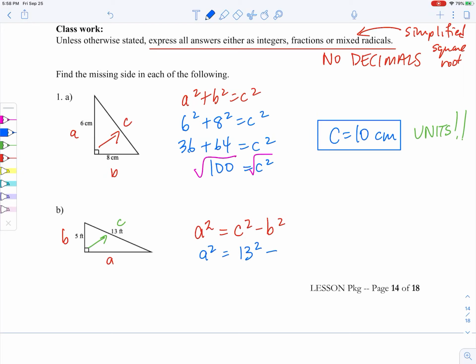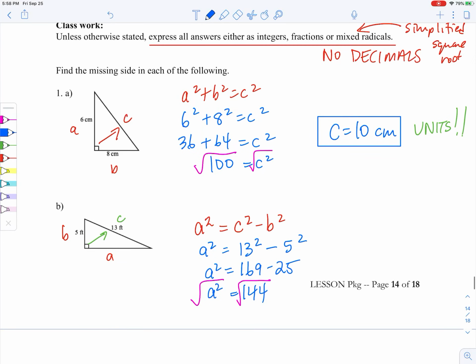So a squared is 169 minus 25. A squared is 144. I'm going to square root both sides. And we get that a equals 12. And units, 12 feet. So a equals 12 feet. Because you got to remember those units.